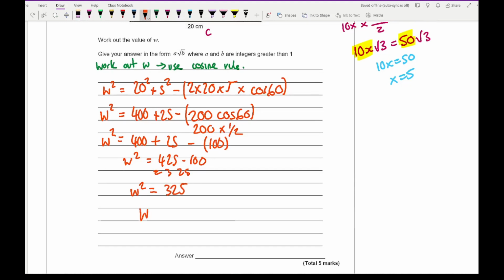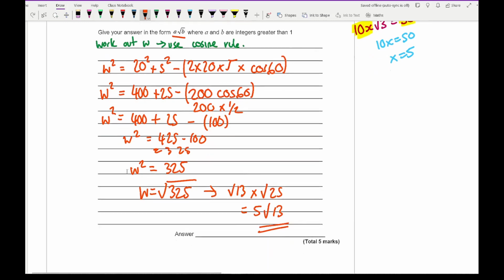And so w equals the square root of 325, which I then go on to simplify because it wants me to use surds. So what I've got is root 13 times root 25, which equals 5 root 13. And there is my final answer.